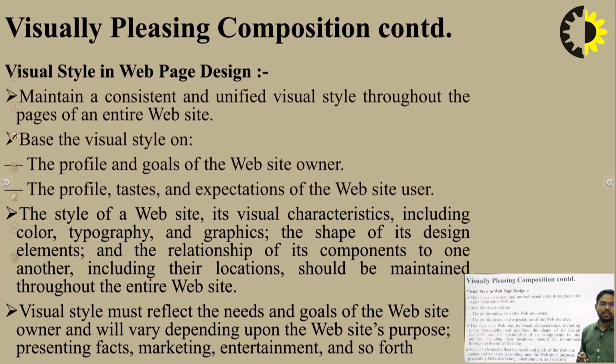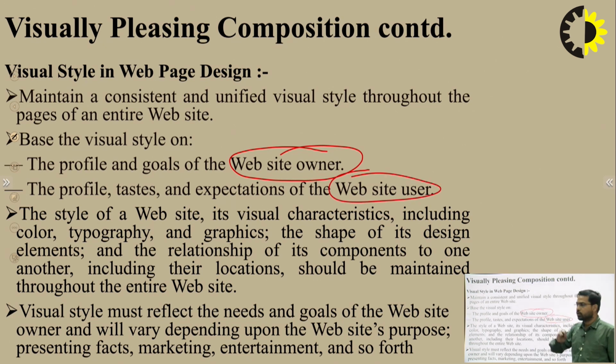So, visual style in web page design. Maintain a consistent, unified visual style throughout the pages of the entire website. The visual style should be based on the goals of the website owner and the profile, tasks, and expectations of the website user. So that is the win-win position for both of them, the website owner as well as the website user.